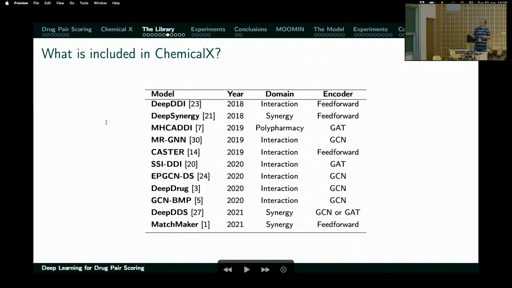So if we look at the models that people used in this domain, what you see is that you have models for interaction, synergy, and polypharmacology, but the funny thing is that if you essentially change the head that you have and the loss function that you have, the same model can be reused most of the time. So there is no question of how you do this. And of course, the encoders can be vastly different.